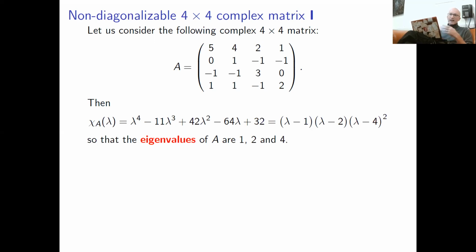Usually it's just called factor, like in Python or in Maple, you just write factor this and you get this. And you say, oh, here are the eigenvalues. Nice complex numbers, 1, 2, and 4. And we see that the algebraic multiplicity of 1 is 1, algebraic multiplicity of 2 is 1, algebraic multiplicity of 4 is 2.